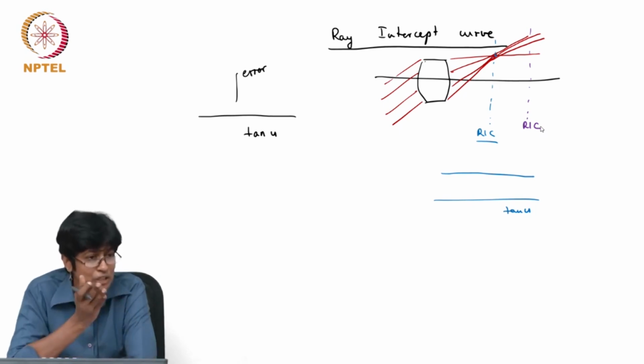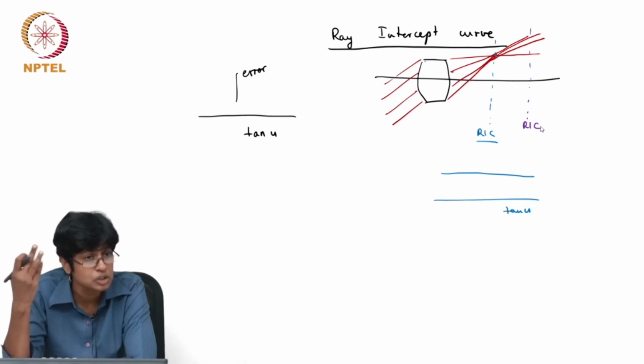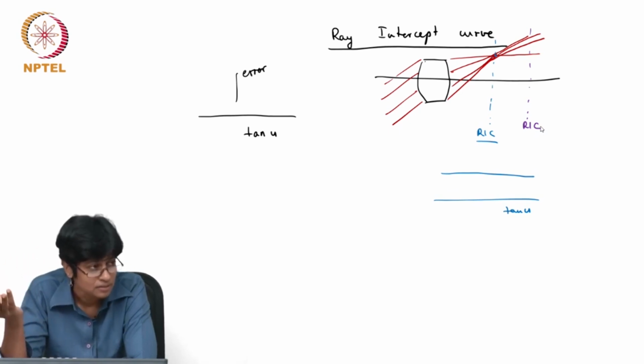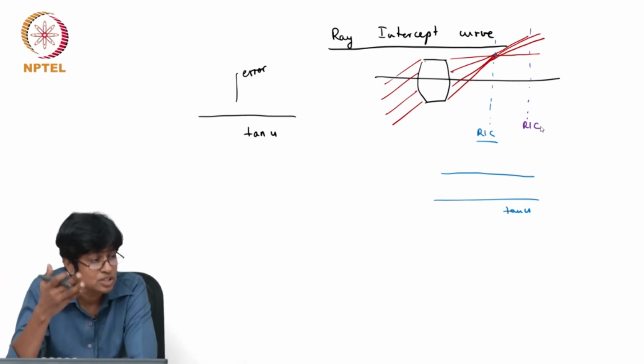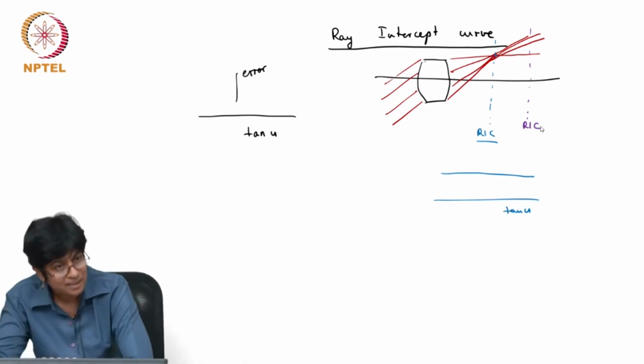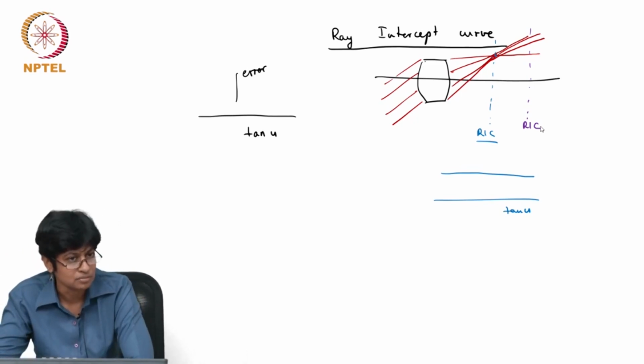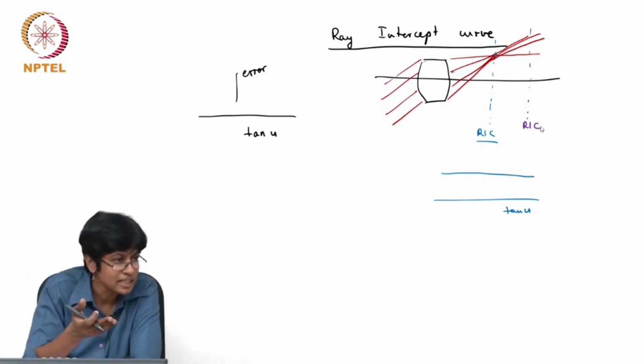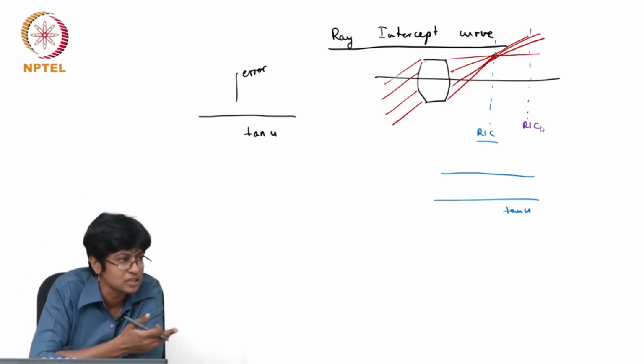Take the tan u, and for a particular ray, you don't even have to guess which ray to start with. You start always with the topmost ray. The topmost ray's height or deviation from focal position is plotted on the rightmost of the curve. And then do it for the next ray, and then do it for the next ray.